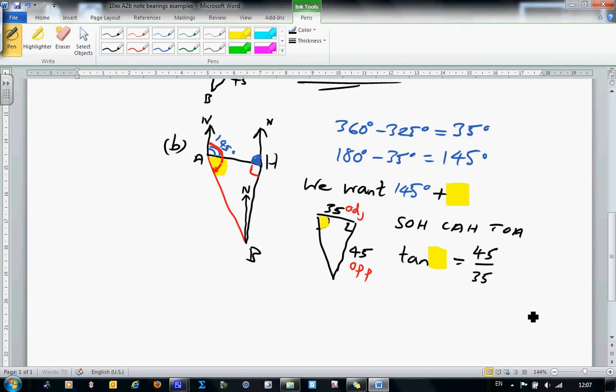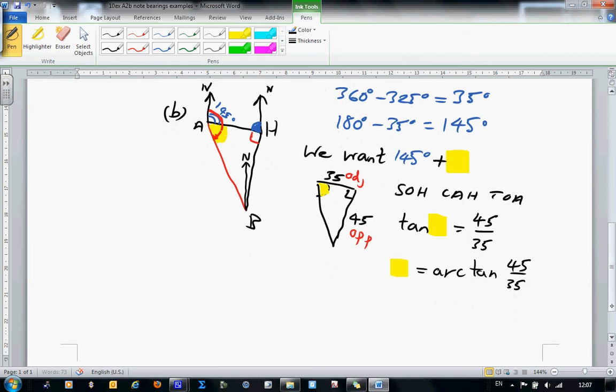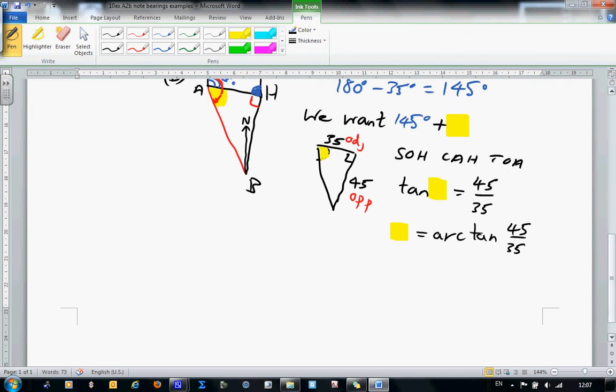But mathematically, officially, this is arctan. When you press the buttons, please check that your calculator is set in degrees and not radians. Then simply do second tangent of 45 divided by 35, and you end up with 52.